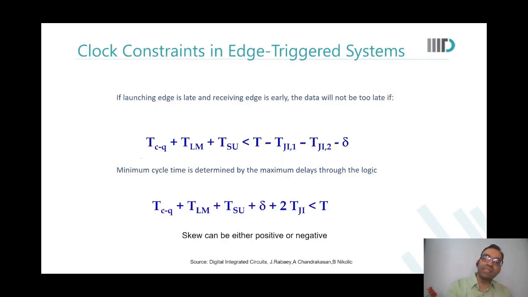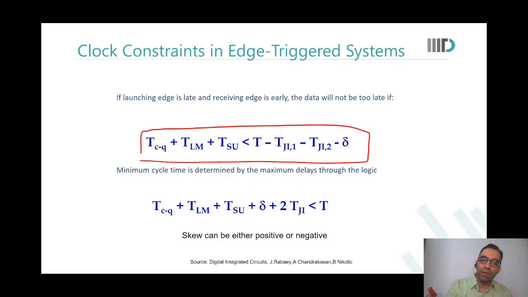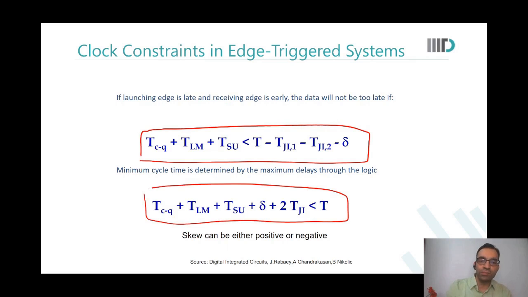Based on that, you will see how my setup or clock period and hold requirements would change. You will see that 2 jitter would get added: one set of jitter for the launching edge and one set of jitter for the capturing edge.